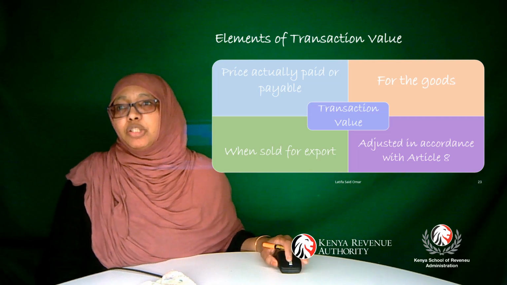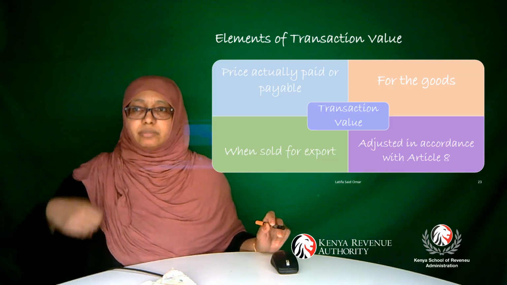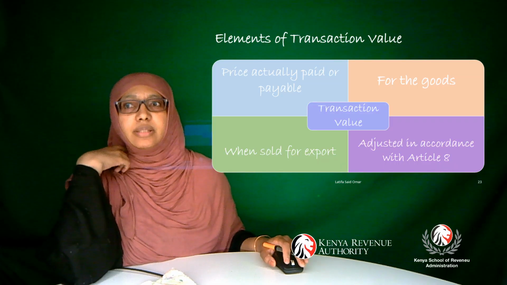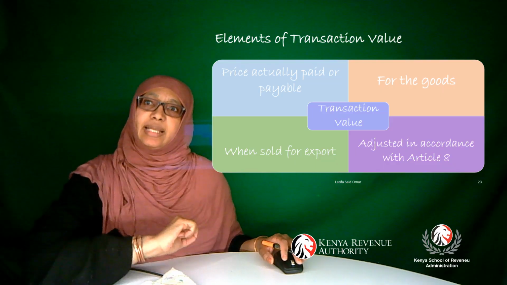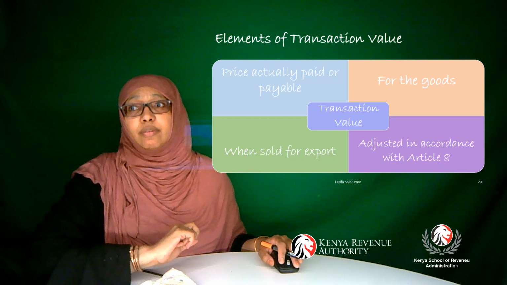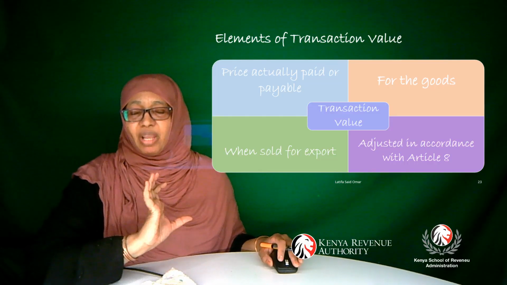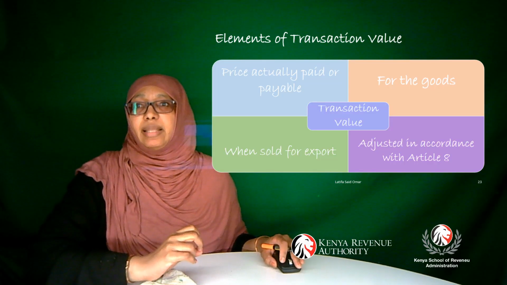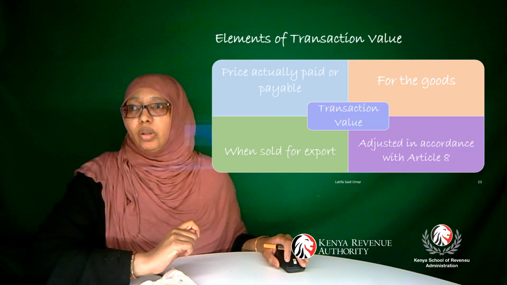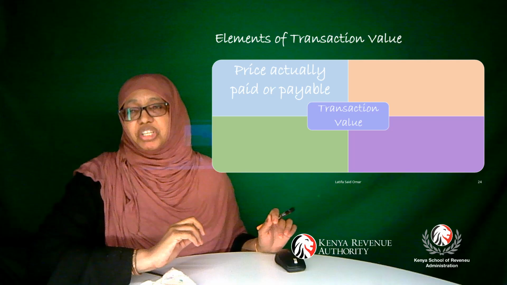So the elements of transaction value: we have price actually paid or payable for the goods, so it has to be concerning the goods that we are valuing. When sold for export, they have to move from one country to another, and then there's that aspect of a sell, and then adjusted in accordance with Article 8. So those are the main elements in transaction value.